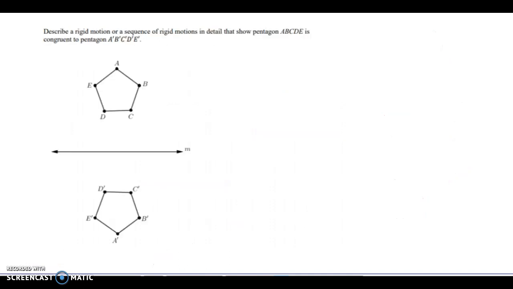And then here's another example. We have pentagon ABCDE, and we want to show that it is congruent to A'B'C'D'E'. Again, you have to decide whether it has been translated, reflected, or rotated. Now this one could be confusing.